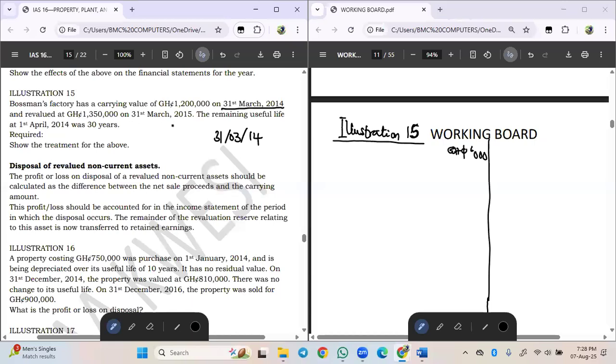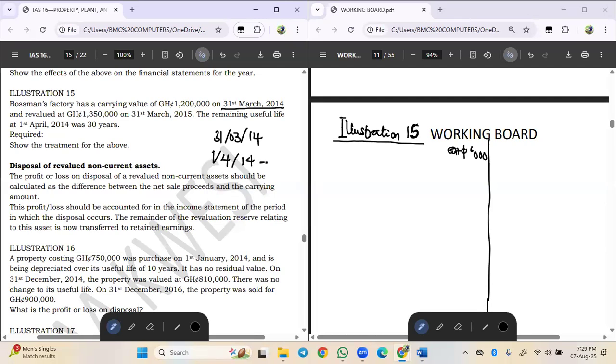Okay, so this one, reporting period starts on April and ends on what? March every year, 31st March every year. So this 1st April 2014, we can use this particular figure, 1.2 million here, because that one was 31st March 2014. And that one can be carried forward to 1st April 2014, because this 1st April 2014 is starting another period.